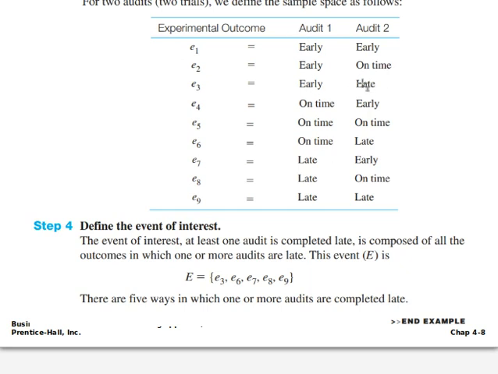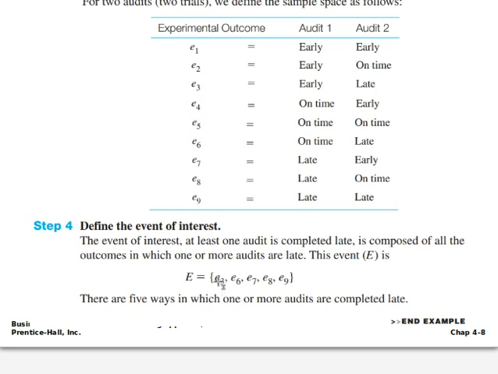This would be 1, 2, 3, 4, 5. At least one of them. They can both be late at the same time, but at least one of them.